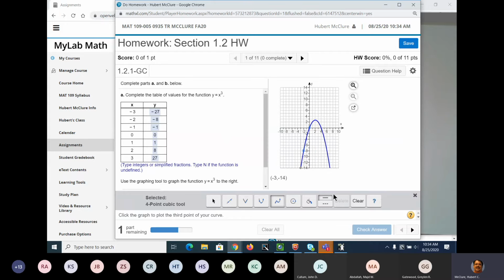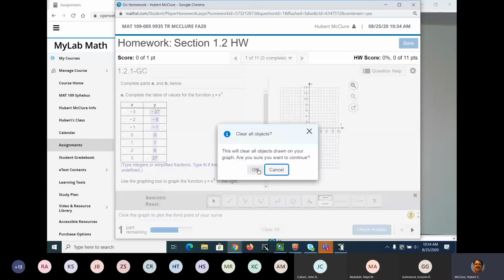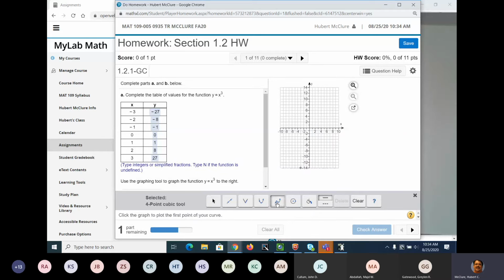That's what I forgot to do. Forgive me. Negative 2, negative 8. Now negative 1, negative 1, and then 0, 0. Okay, it's still not doing it.